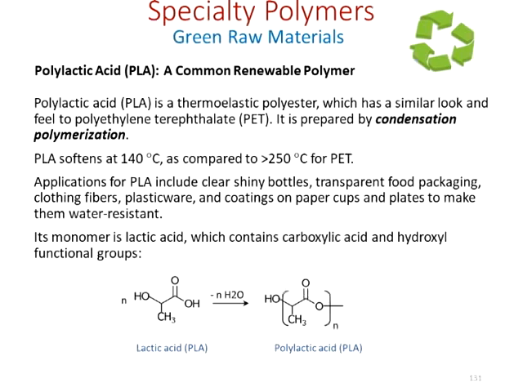It includes clear, shiny bottles, transparent food packaging, these beautiful looking food packaging, clothing fibers, plasticware, your plastic spoons and forks, and coatings on paper cups and plates to make them water resistant.